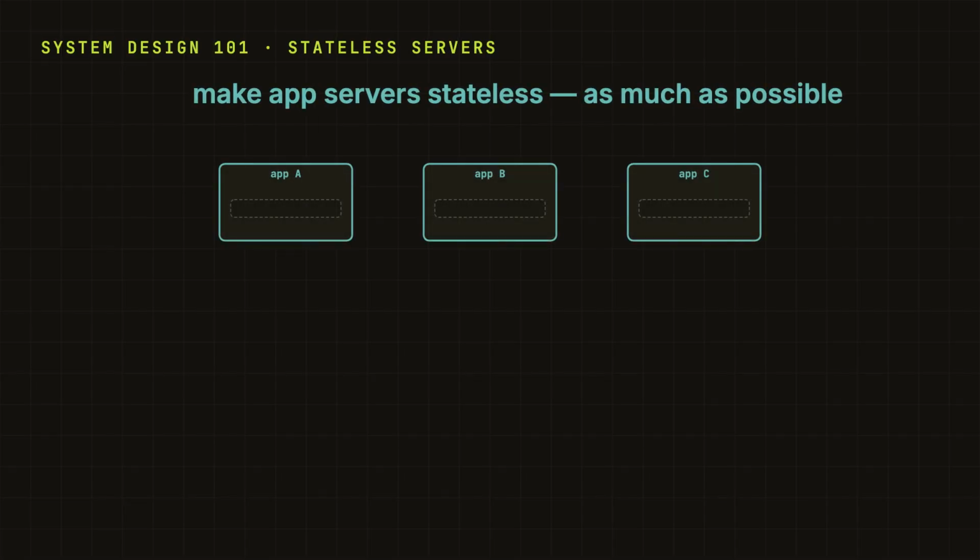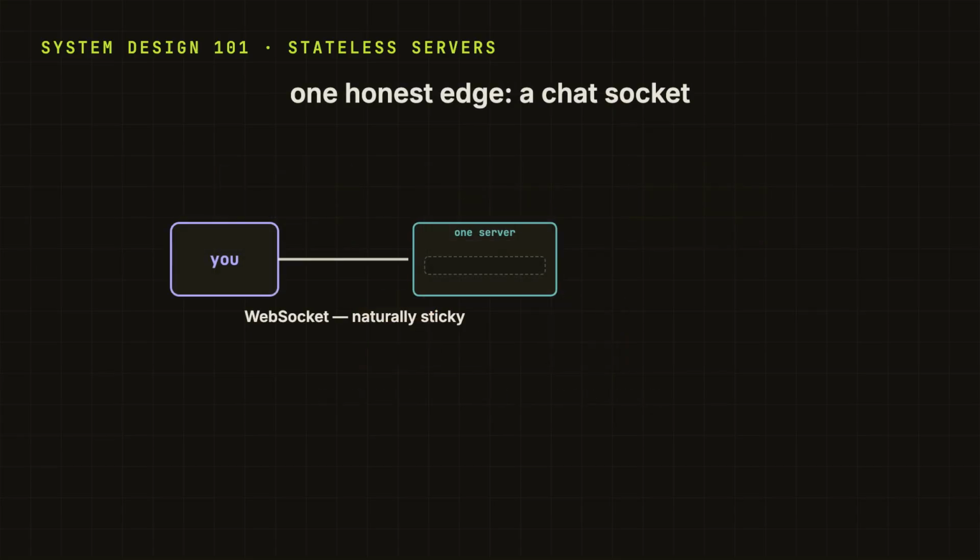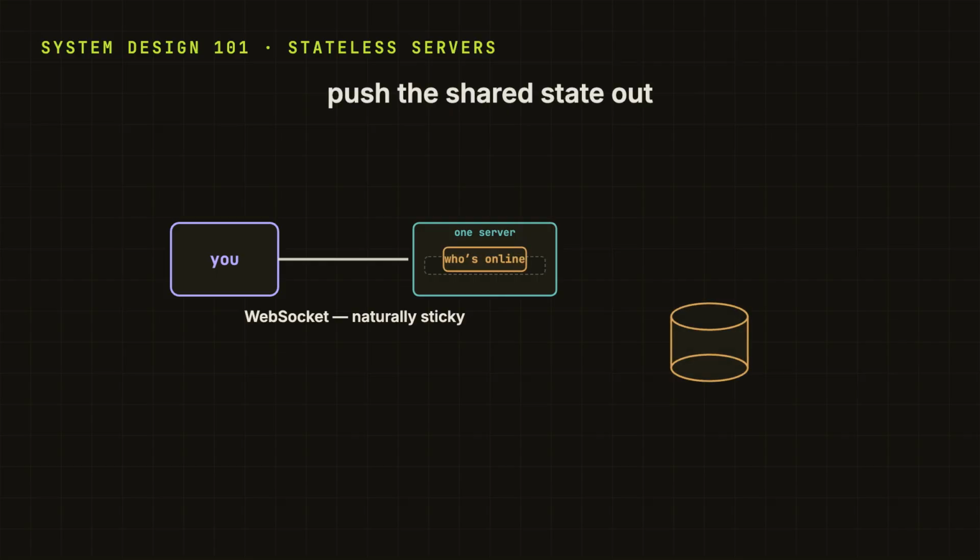So, should every app server be built this way as much as possible? The system still keeps state, of course. Databases, object storage, we just keep it out of the replaceable servers. One honest edge, a live connection like a chat socket, is stuck to one server while it is open. That is fine. You keep the connection there. But push the shared state, like who is online, out to the store.